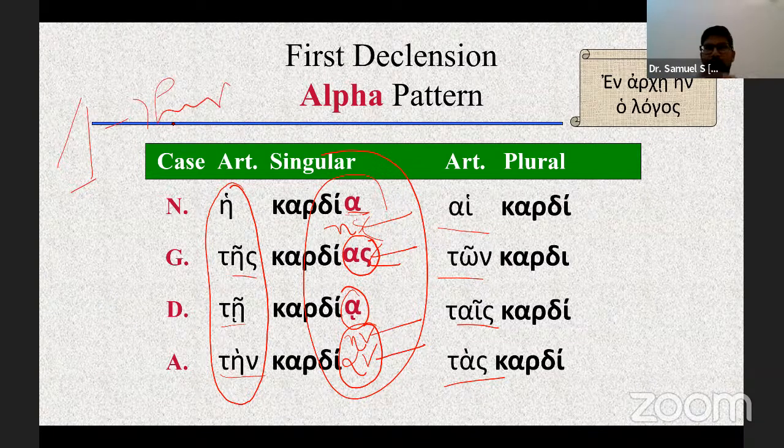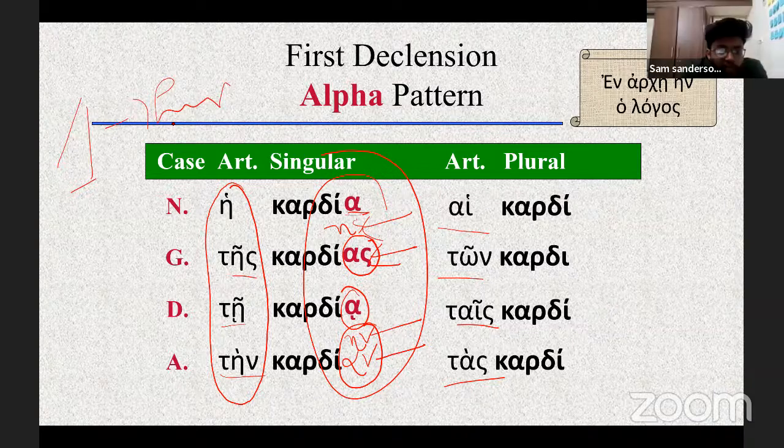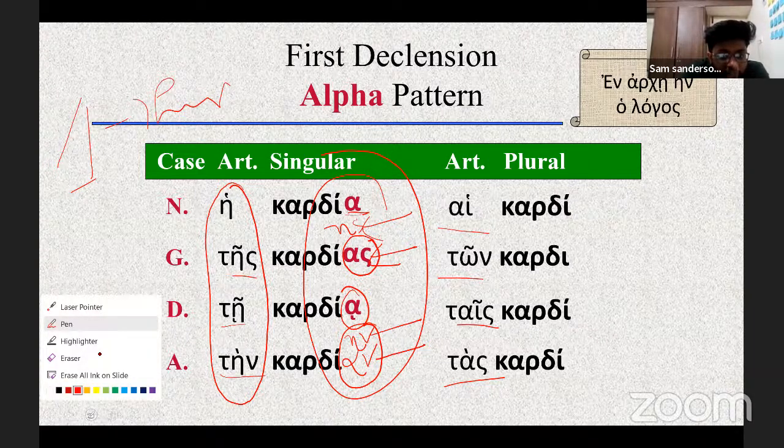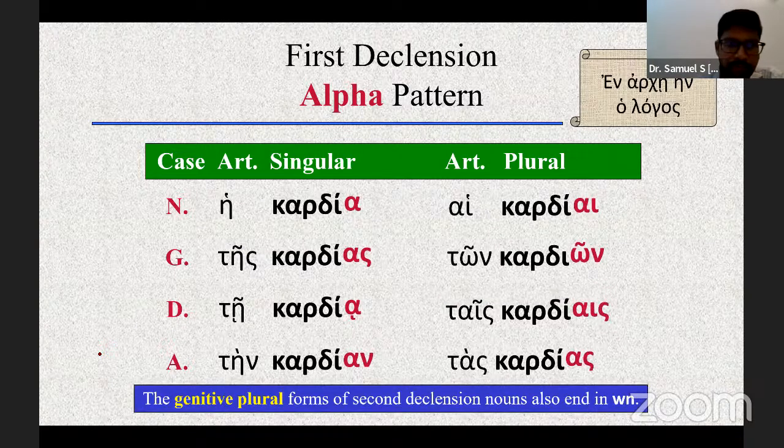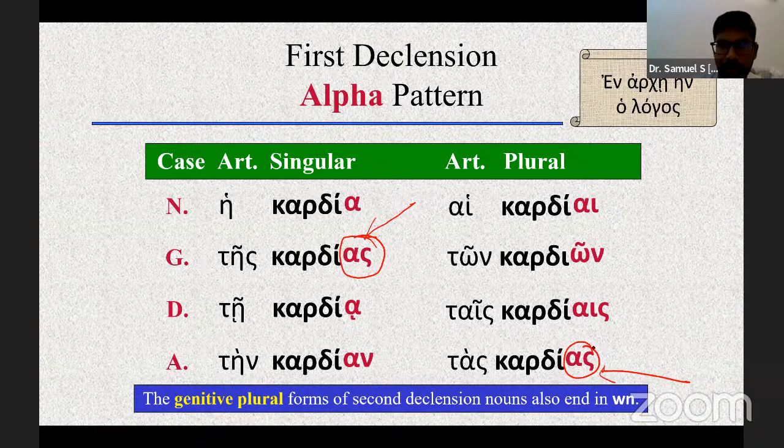Yes, a question? Brother, this genitive singular for the alpha pattern and for the accusative plural, the endings are same. So in that case, the article would help us to determine the genitive and the accusative. Very good observation. Genitive singular ending is the same as accusative plural. So you're right. The article tells us whether it is genitive singular or accusative plural because the article is different.